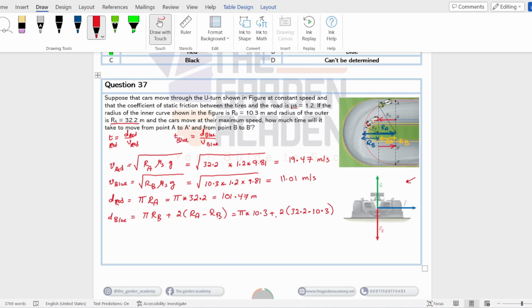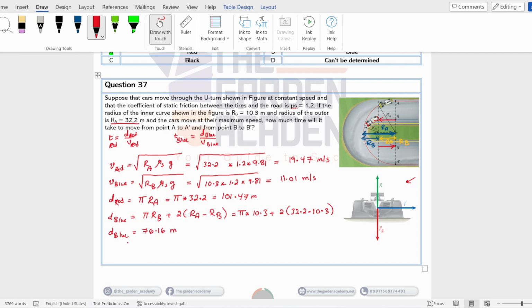The answer for this will give us around 76.16. So let's write it down here, 76.16, and the unit, of course, in meters.